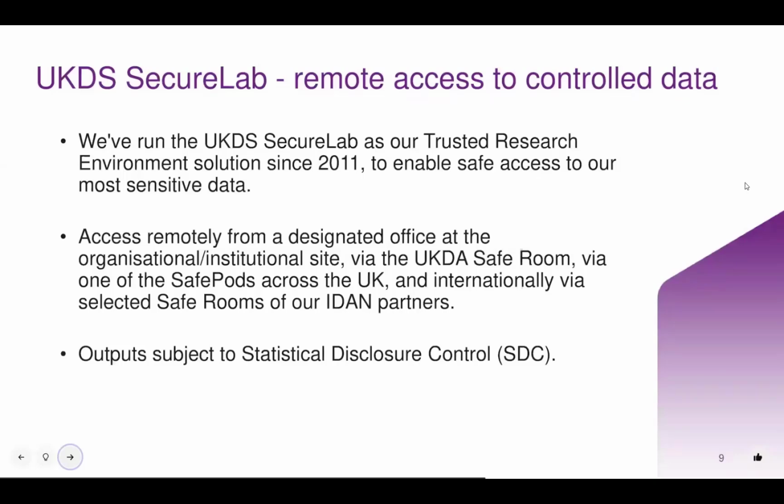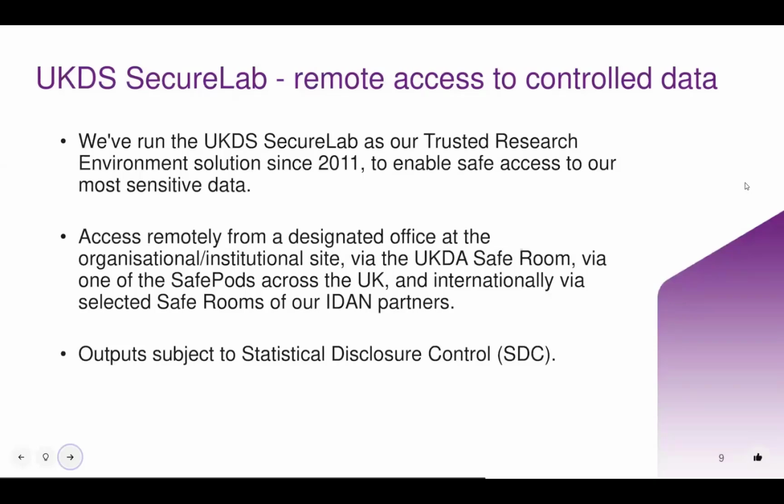We are part of the International Data Access Network, with partners currently in Germany and in France. A researcher who is based in Germany or France and has an affiliation with an institution in those countries can apply through us, and then once the project is approved, can visit the safe rooms of our partners in those countries and access the controlled UK data.